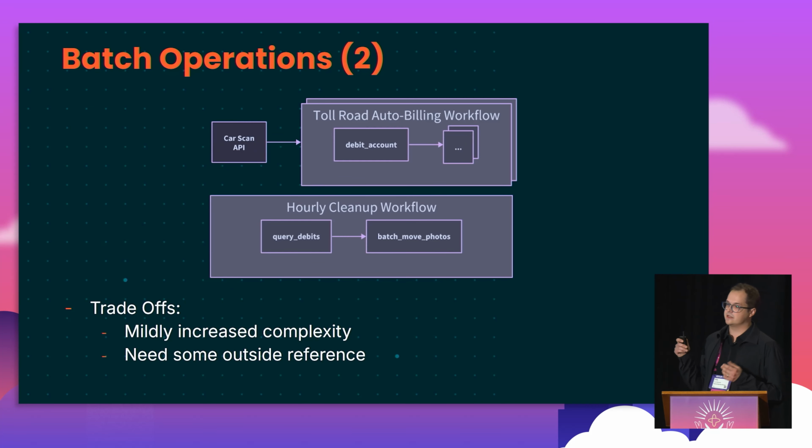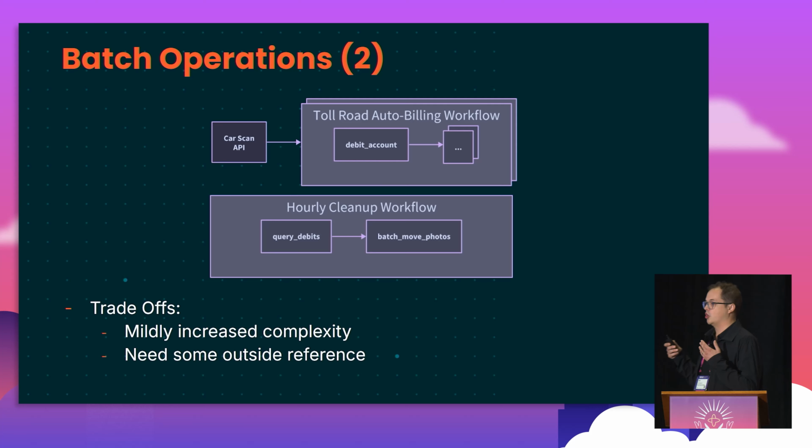And in this case, I'm kind of illustrating that we know some way of querying the debits, and based on that querying of the debits, we can decide what to archive. I note that because you do need some sort of outside reference. You might think, oh, well, I'll have my auto billing workflow signal into my cleanup workflow, and it'll use those signals to decide what to clean up. But sending those signals costs an action.